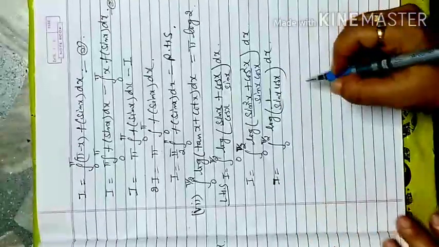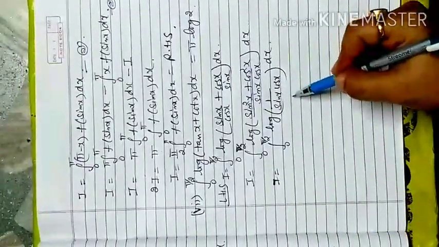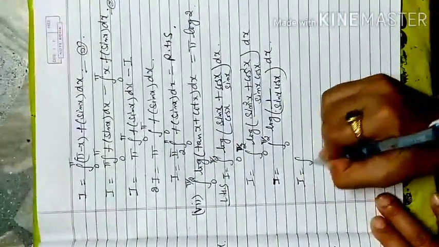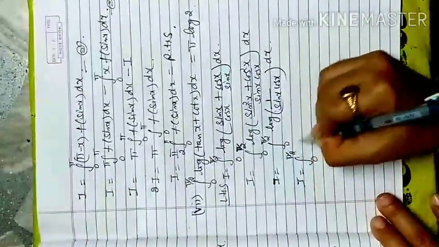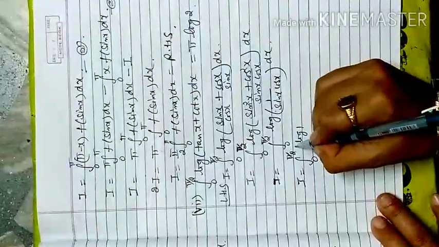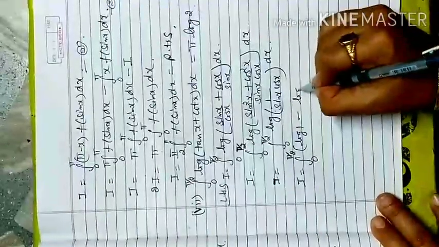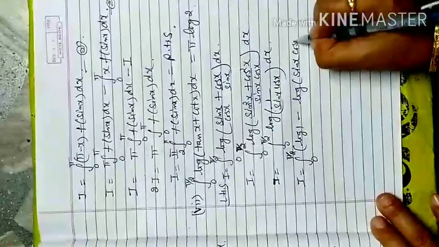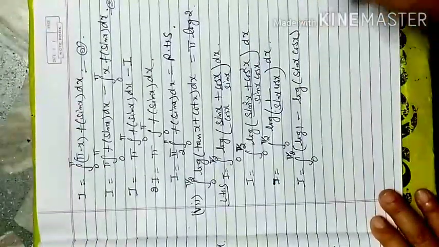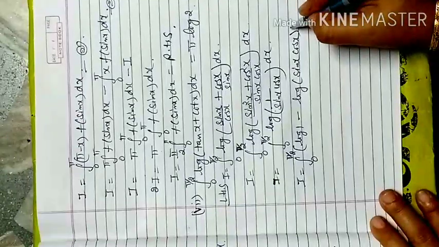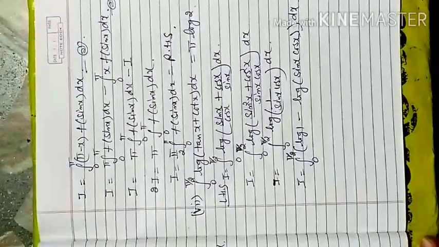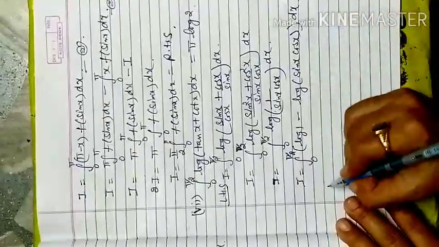Now apply here my log m upon n rule, which is log m minus log n. So I apply the logarithmic concept, that is log 1 minus log of sin x cos x dx. Log 1 value is 0, so only this much is left.